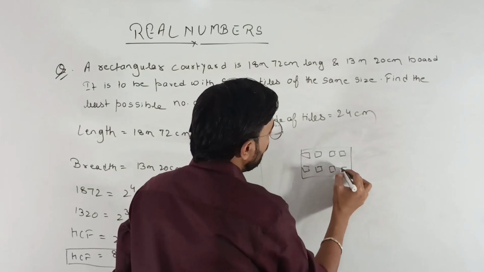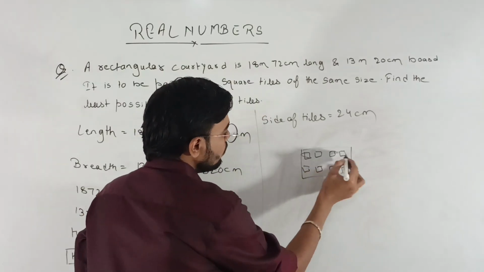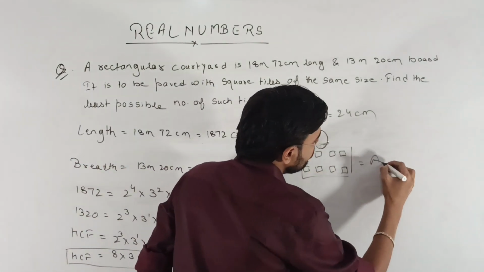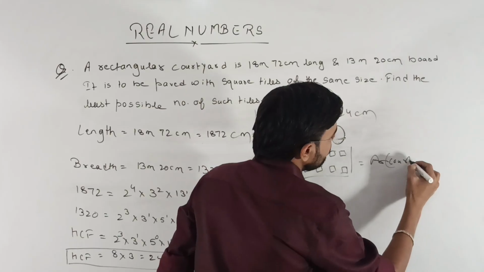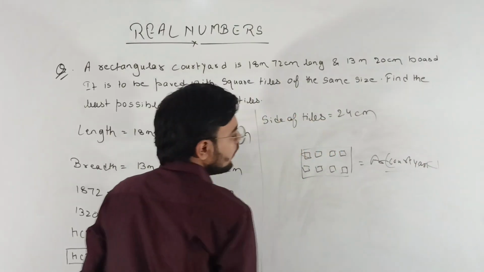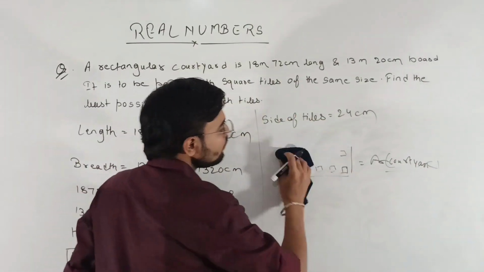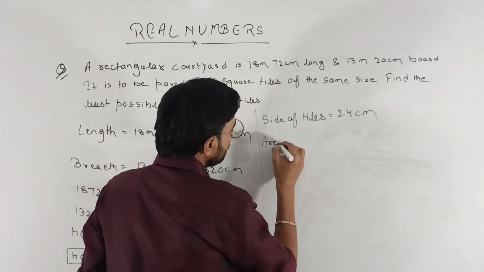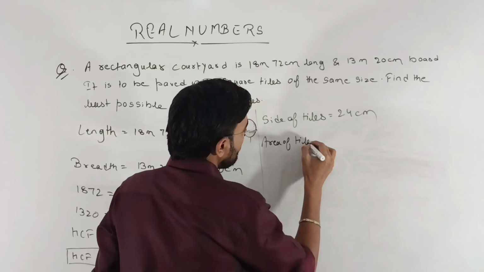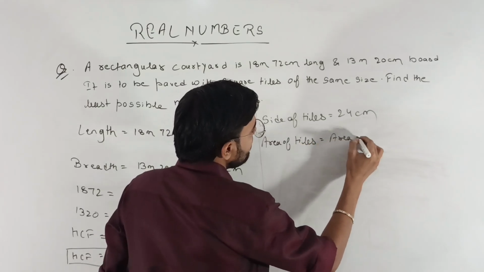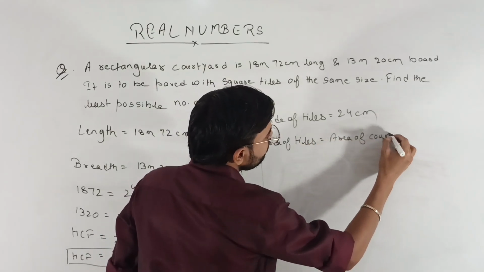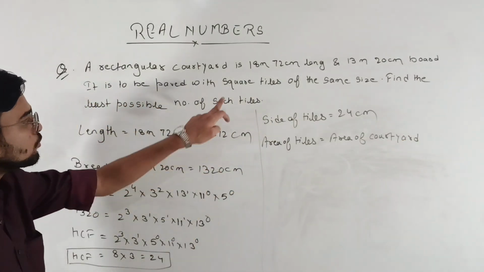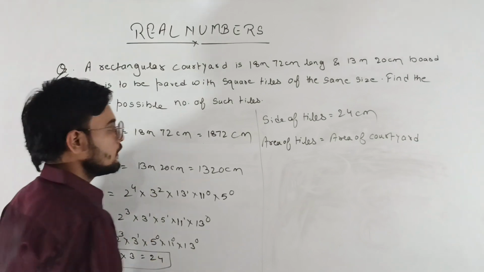If this is your rectangular courtyard and you put square tiles, then the area of all the square tiles, 1 2 3 4 5 6 7 8, all 8 square tiles, is equal to the area of the courtyard. Understood? So area of tiles is equal to area of courtyard. The tiles are in the shape of a square, and the area of a square is side square.